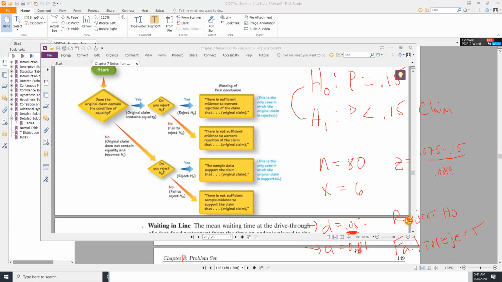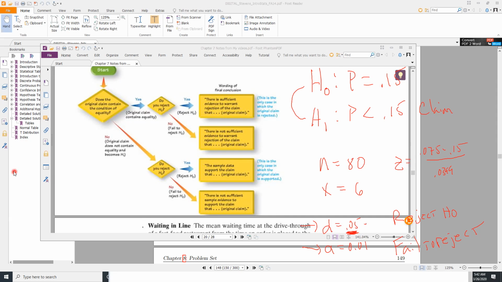Now, with the 1% level, we failed to reject H0. So same branch, and did I reject H0? No, I did not. There's not sufficient sample evidence to support the claim that Farmer Carl's corn has fewer than 15% earworms, okay? So start this as your prefix in the sentence, and then you can plug in the claim.